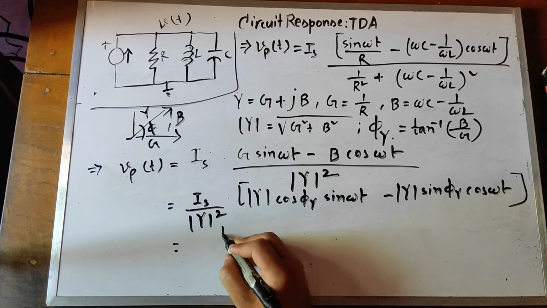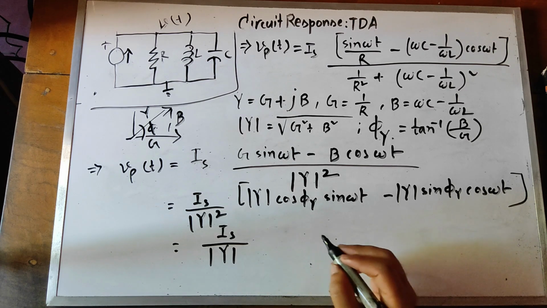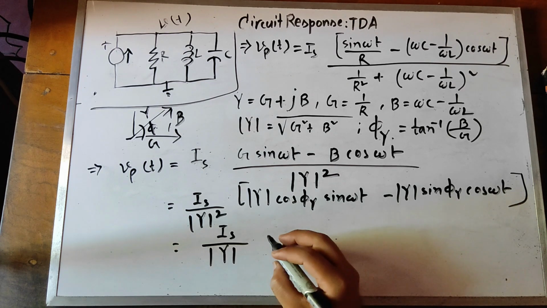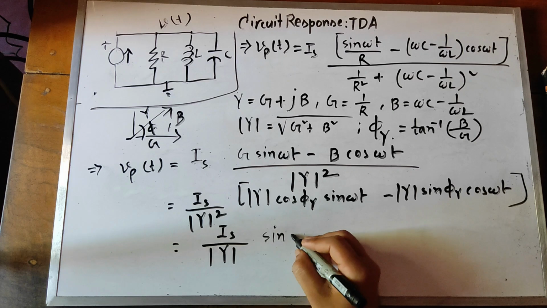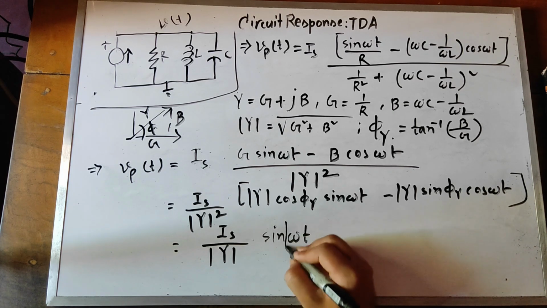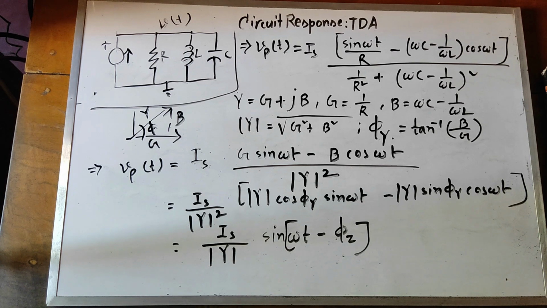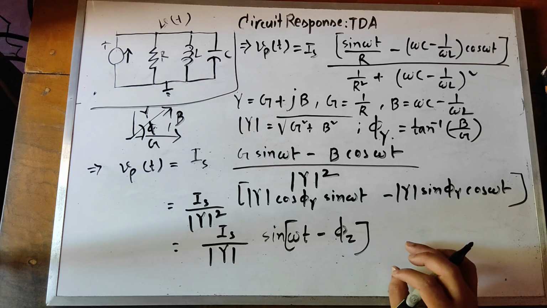So this will give me Im by Y, and by trigonometric formula it will give me sine omega t minus phi Y. So this is the voltage response for the parallel RLC circuit.